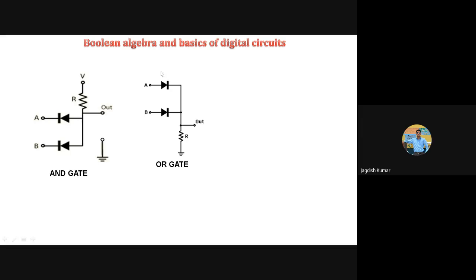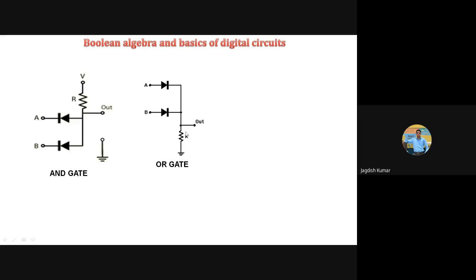But now suppose B is kept at 0 but A is raised to high, that is 1. When A is 1, means high voltage, say plus 5 volt, what will happen? This P terminal of the diode is at a higher voltage, means this diode is forward biased and hence a current will flow through this.